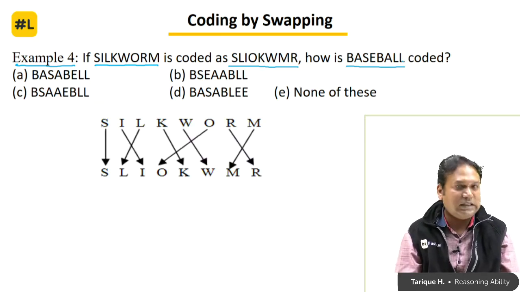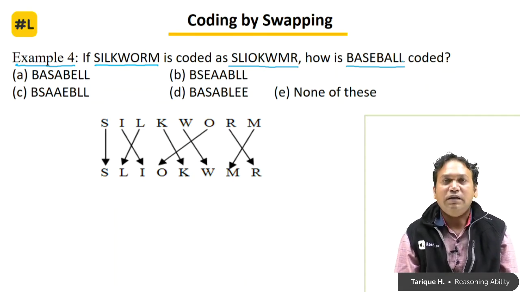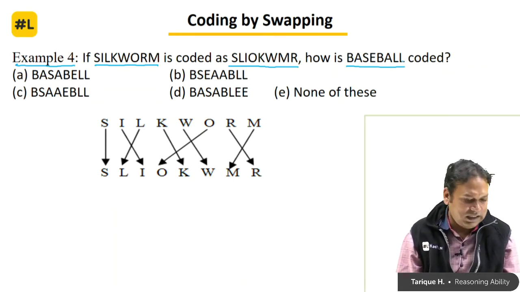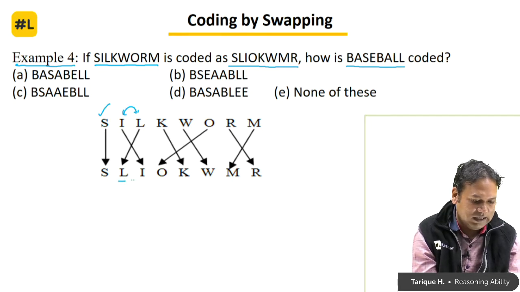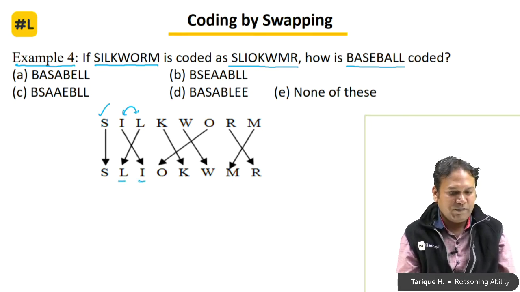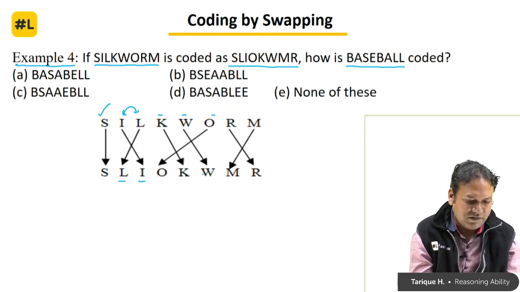Now let us look at the screen here, you will understand how the coding is done. So swapping is done here, but in a little different way. S comes down as S and I and L are interchanged, as you can see very clearly here, it becomes L and I. So K, W and O, the way of changing them is different.